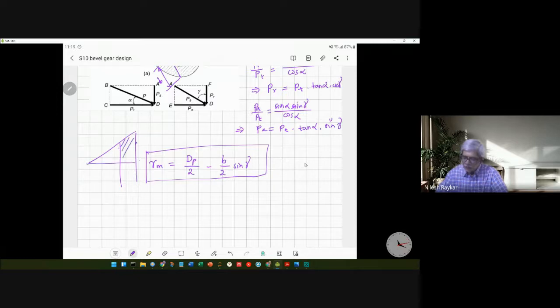If this is your bevel gear, then this is the face width b, this is the pitch cone angle gamma, and this particular diameter is dp. What we are trying to find out is this particular diameter. So it can be calculated by dp by 2 minus height of this triangle, which can be expressed in terms of b by 2, since this dimension would be equal to b by 2. So that is what this term comes here.